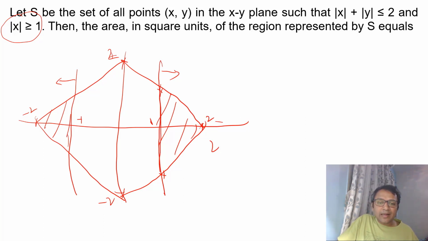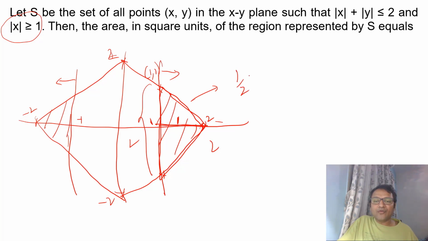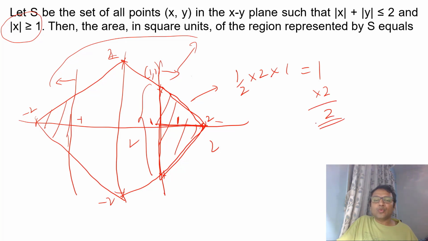If I take this triangle, this height will be 1, this will be 2, because I know this is 1, 1, satisfying the equation. So base is 2, height is 1. Area of this triangle will be half into 2 into 1, which is 1. But there are triangles on both sides, here and here. So total area will be 1 into 2, which is 2. So 2 will be the answer.